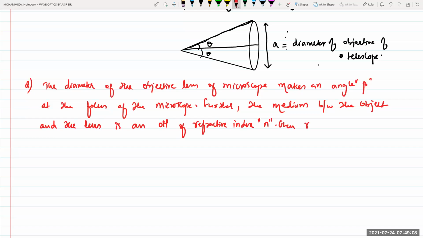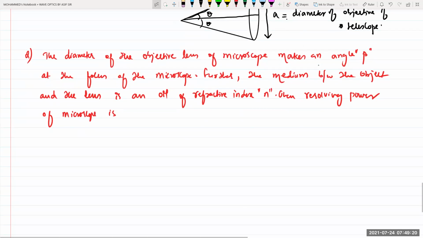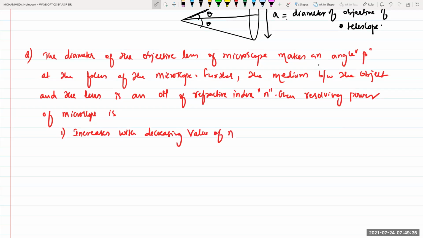Then the resolving power of the microscope is, options are also given. First option: increases with decreasing value of n. Number 2: increases with decreasing value of beta.